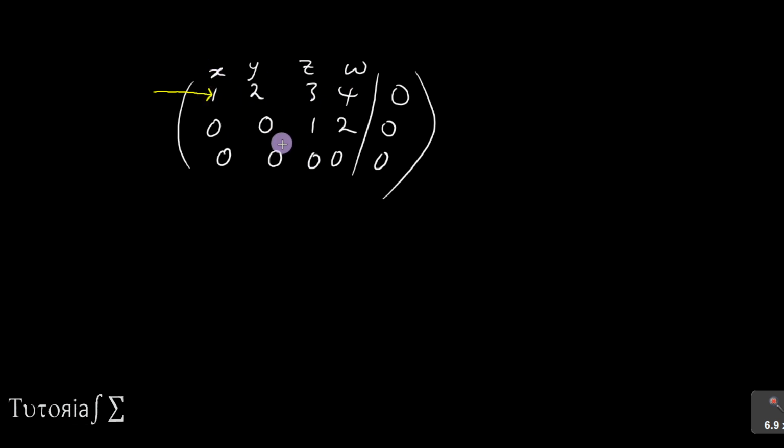This is after we've simplified and made an upper triangular matrix. So the first leading element in this row is a 1, so x has a leading element.